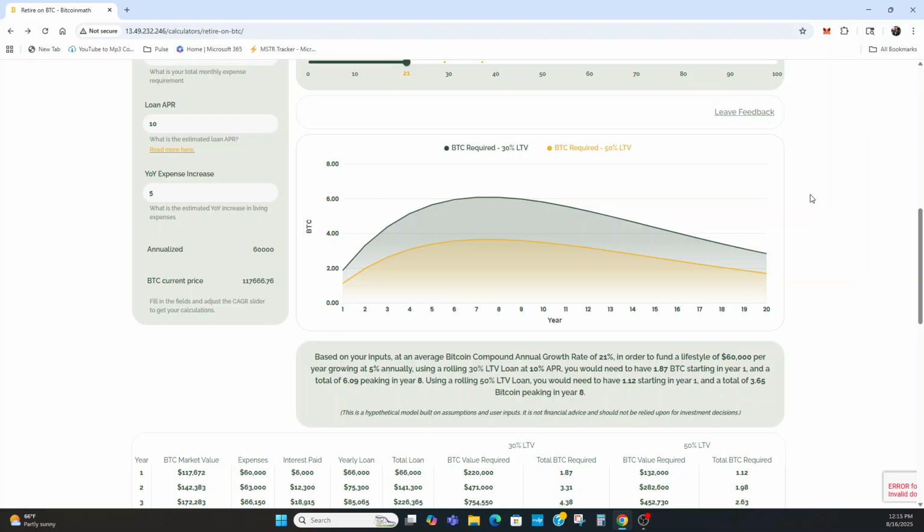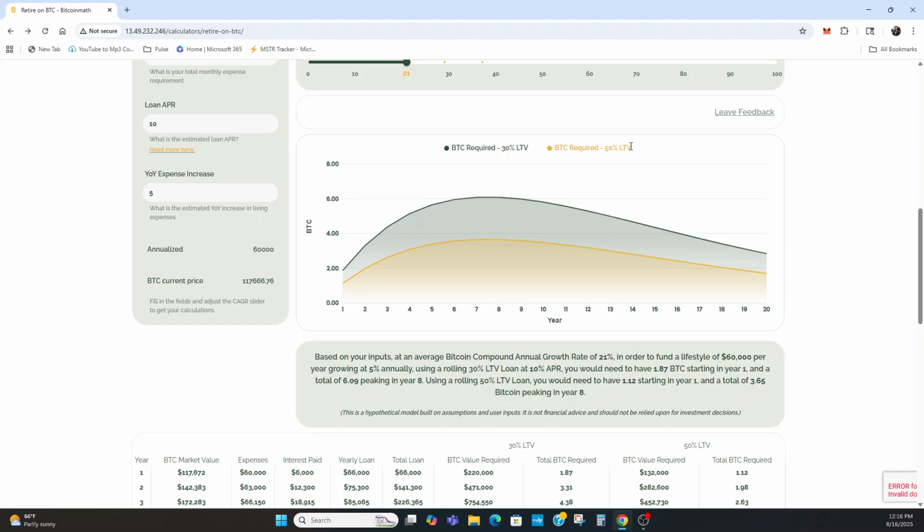At a 30% LTV, or loan to value, you're taking out a loan that is only 30% of your total Bitcoin holdings. So if you had $1 million in Bitcoin and you wanted a 30% LTV, you'd be borrowing $300,000, your loan, against your Bitcoin value of $1 million.